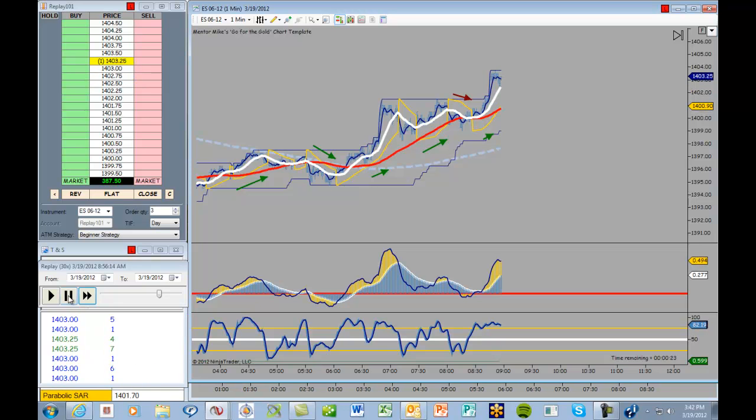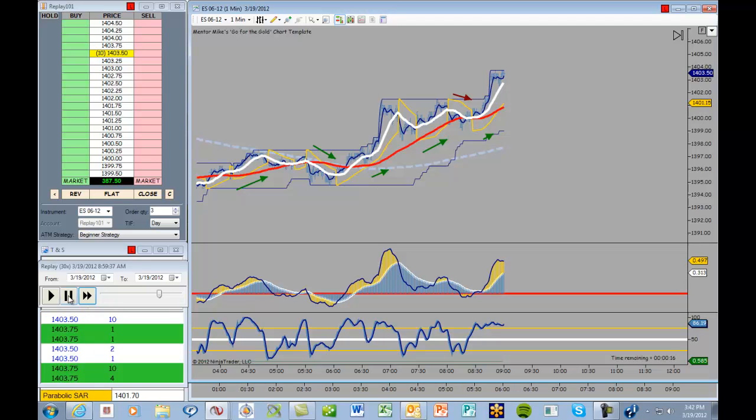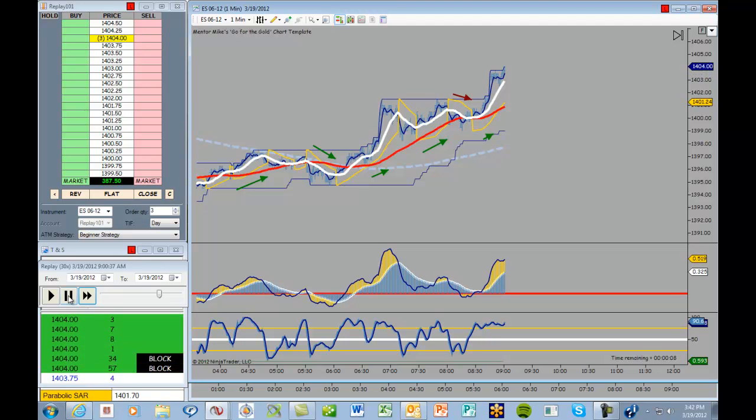Stochastic can often be helpful with that. Let's see if we get a chance for the stochastic to take a little dip where we can climb back aboard here.